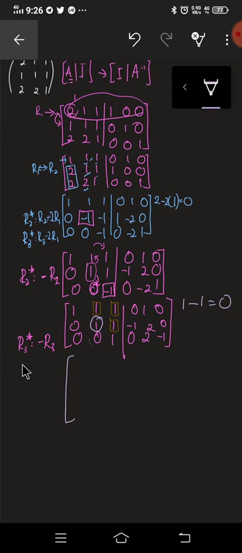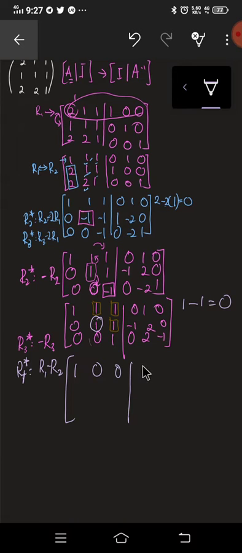So the new first row is to just subtract row 1 with row 2. So 1 minus 0 is still 1. And then 1 minus 1 is 0. 1 minus 1 is 0.